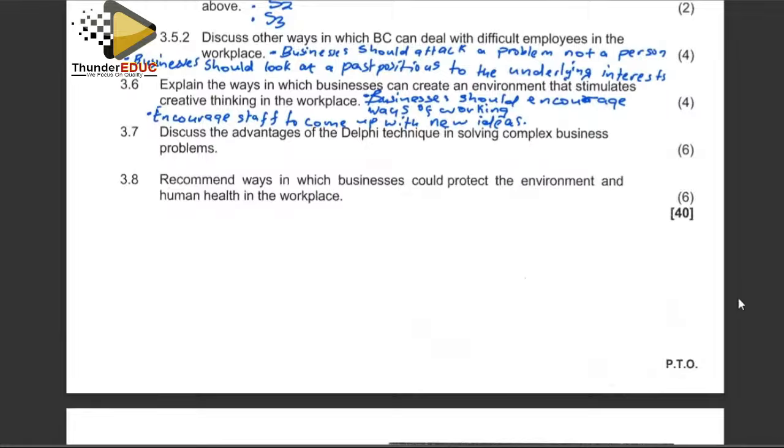We are saying that businesses may use a group of experts without bringing them together.